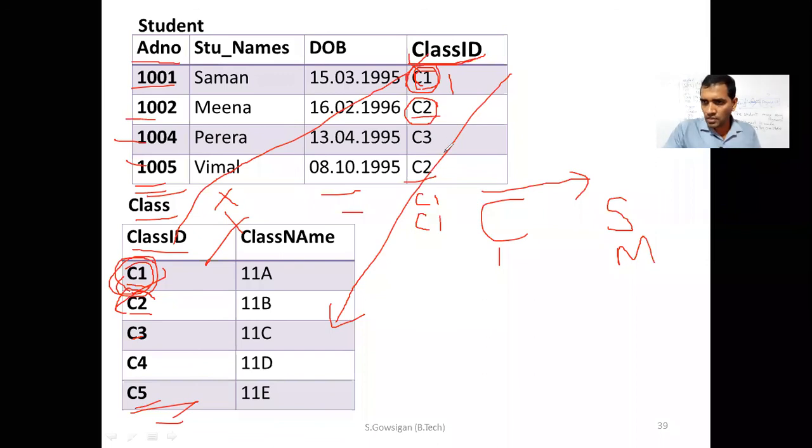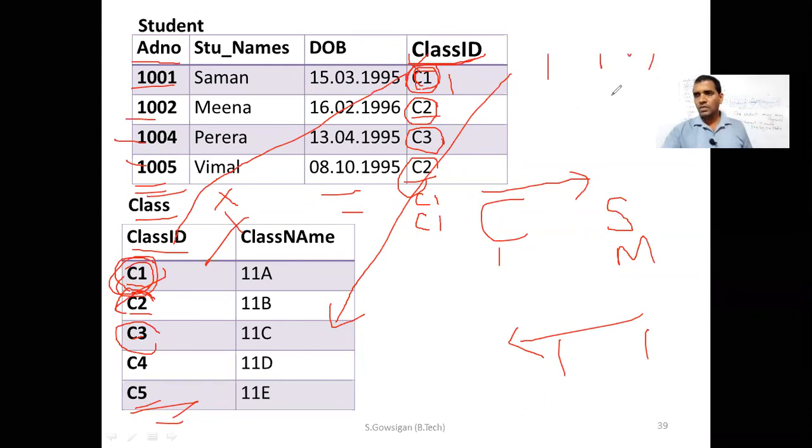I take C3, a data. How many times is it entered there? Only one. So from student table to class table, one to one. So on one side it is one to many, in the opposite direction, one to one. What does it mean? It is one to many.